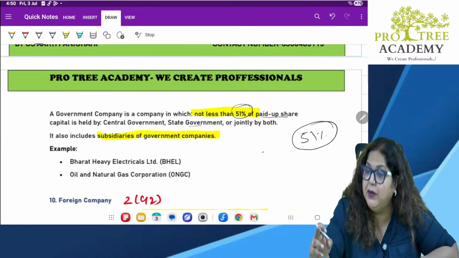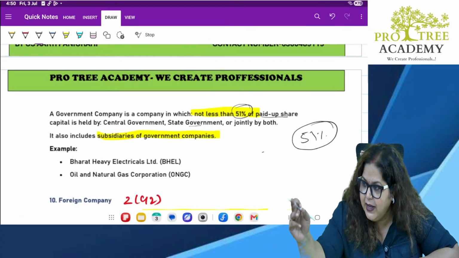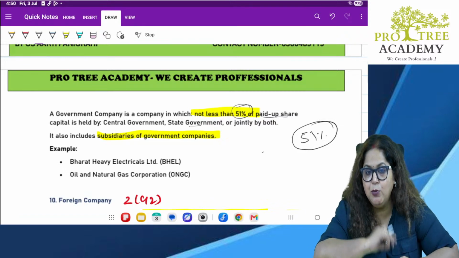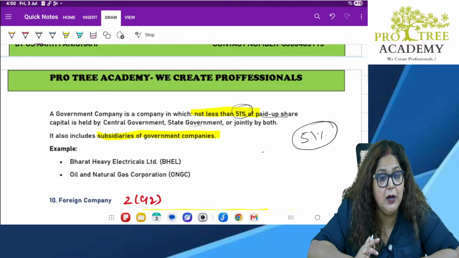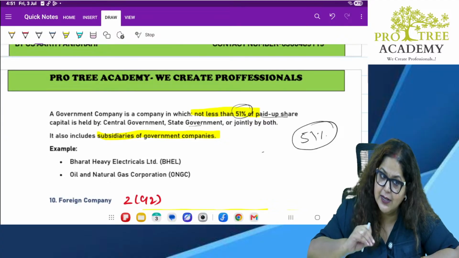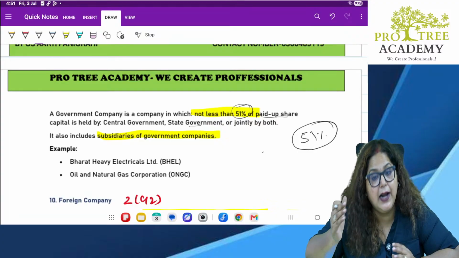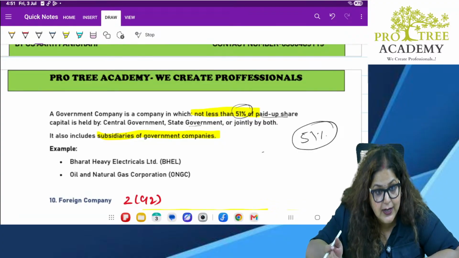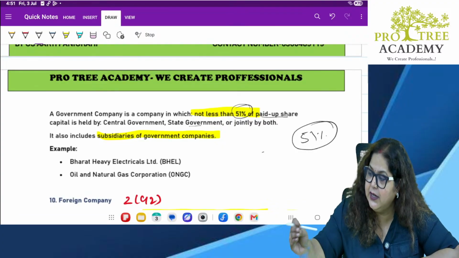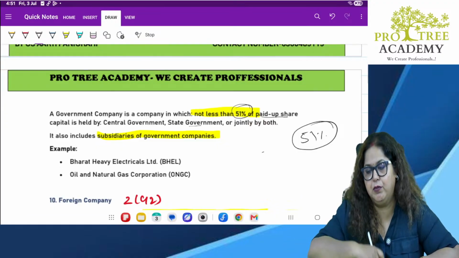Then that company will become a government company as per section 2, subsection 45. Any government: the central government can hold not less than 51%, or the central government and state government together, jointly, can have 51% in any company. Then that company will be treated as a government company.